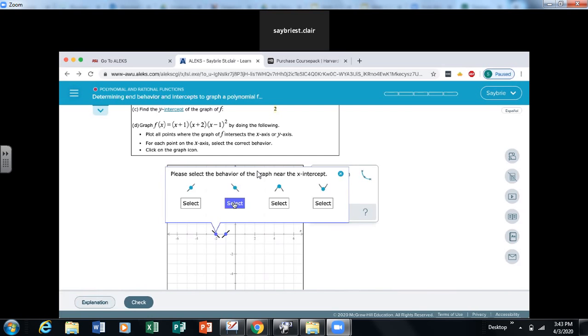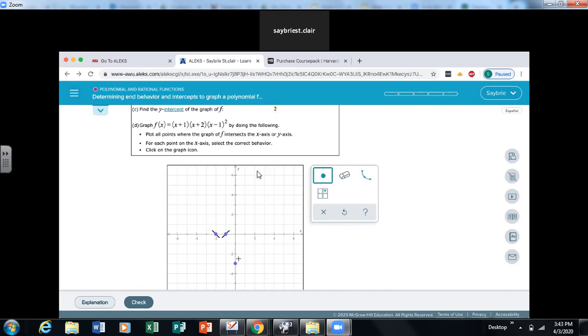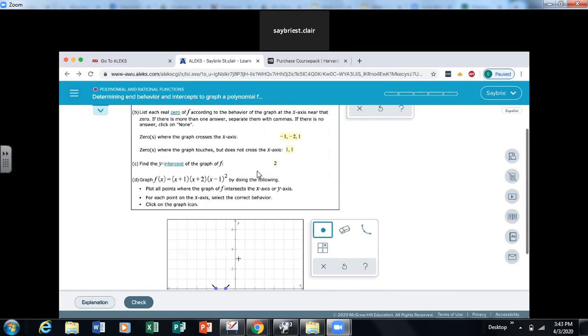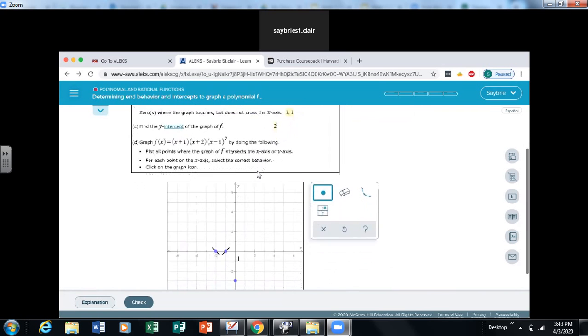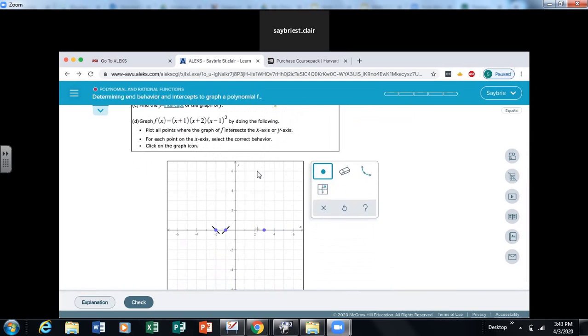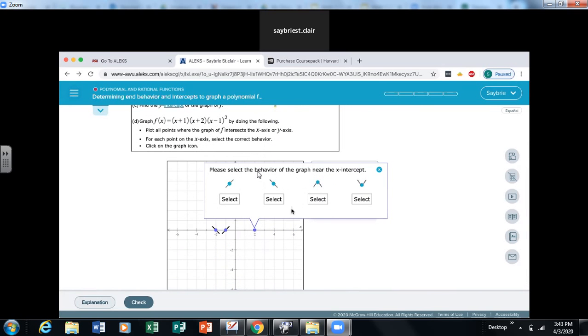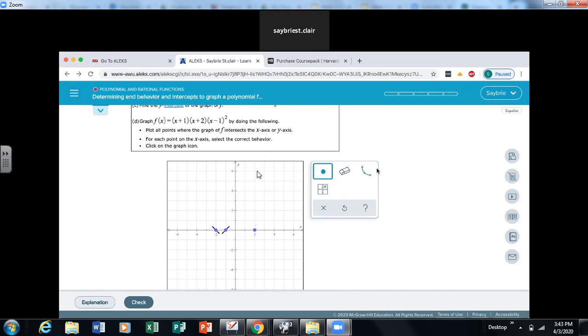There you go. And then you have the Y-intercept, right? So +2 on the y-axis. Oh, gotta get, that's not right. All right, yeah, you can do that one. That's fine. Let's do the Y-intercept first, though. Go up to 2 right there. Perfect. Let's do that one first.